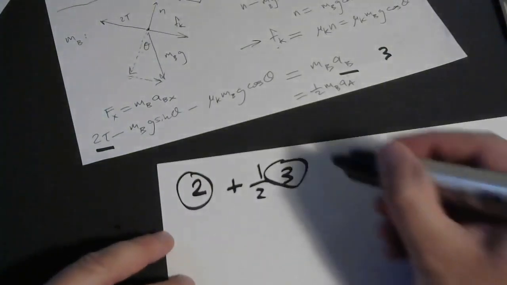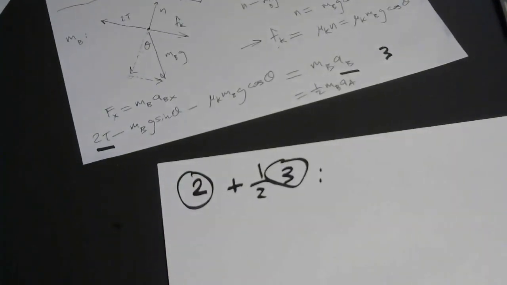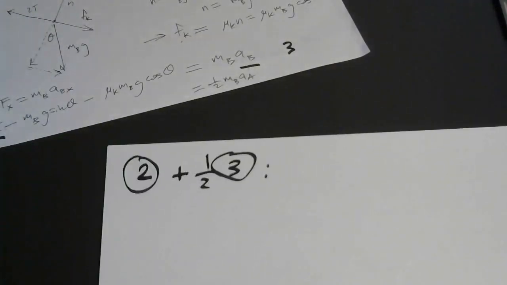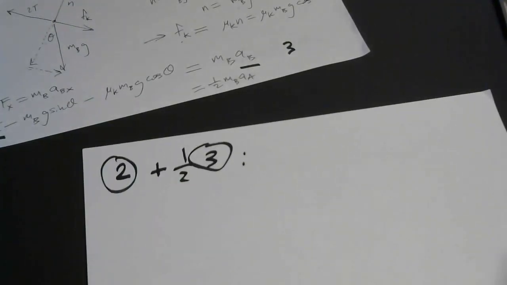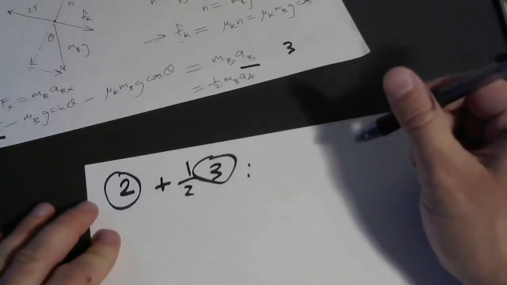This is my method for solving for the unknown that we're interested in. You could do it however you want. Like I've mentioned before, you could just keep using back substitution. You could use an augmented matrix if you want to be really fancy. I call this linear combination. I think that's how it's commonly referred to.